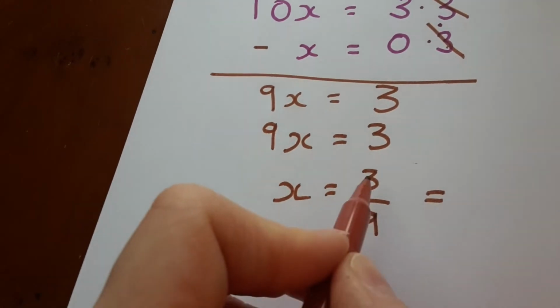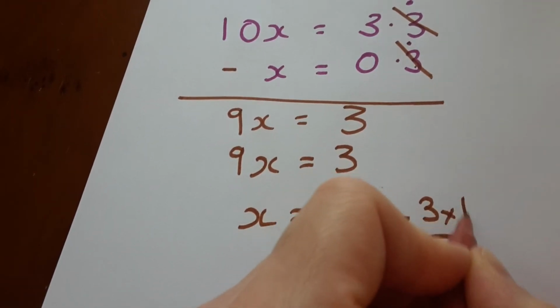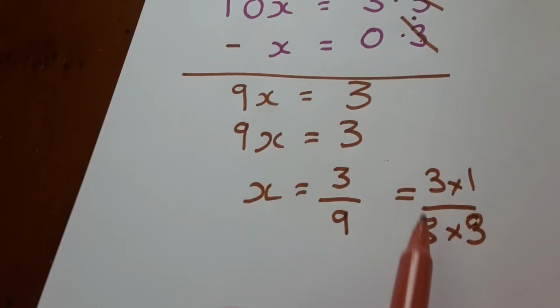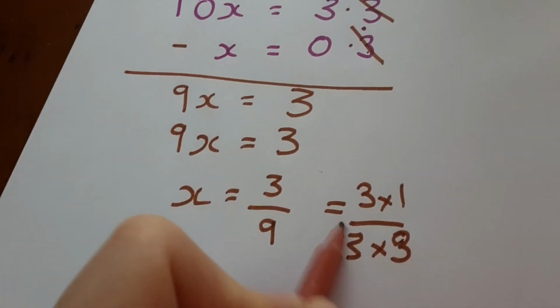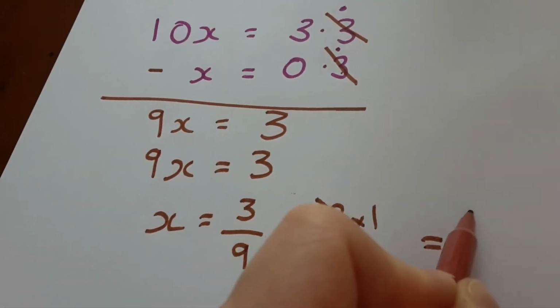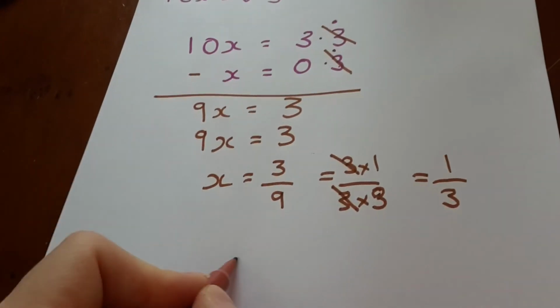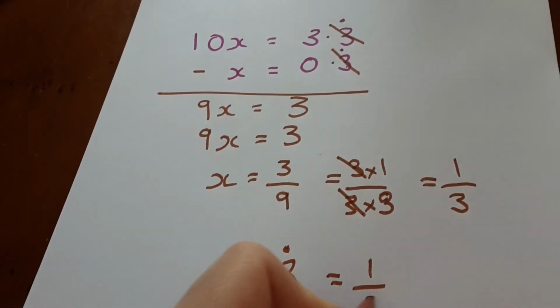Well, 3 times 3 makes 9, so I have 3 times 1 over 3 times 3, because they give me 3 and 9. So these two 3s can cancel out. I'm left with 1/3. So that's why I know that 0.3 recurring is 1/3.